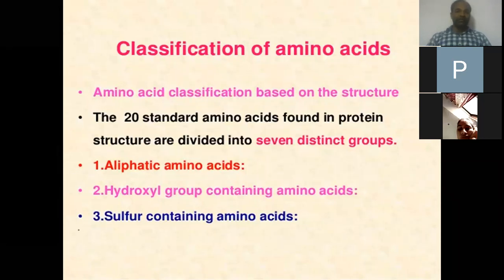Out of these 23, the 20 amino acids that have been described are divided into 7 distinct groups. The first group, aliphatic amino acids. Second group, hydroxyl group containing amino acids. Third group, sulfur containing amino acids.